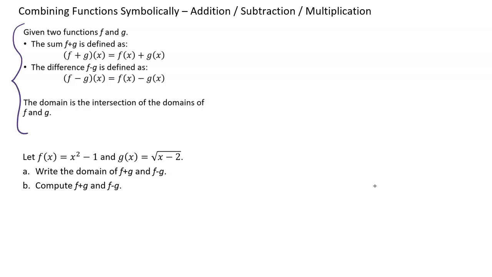This is a quick little blurb that helps you to understand what I'm talking about with domain, and that means you have to take what we call the intersection of the two domains.